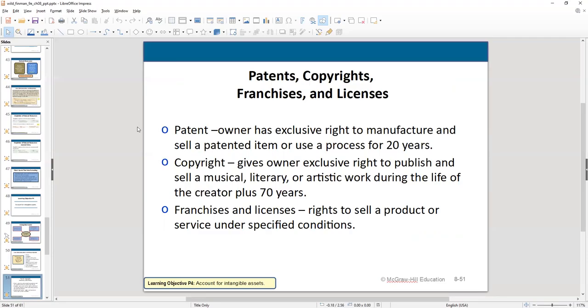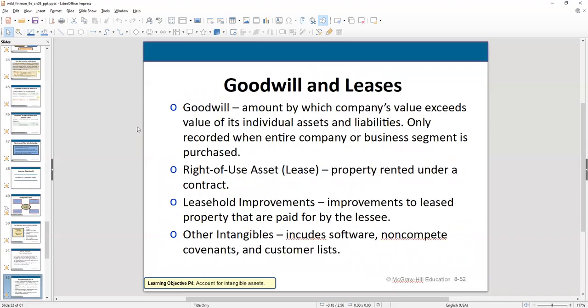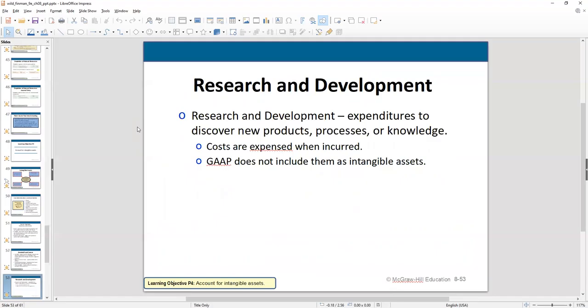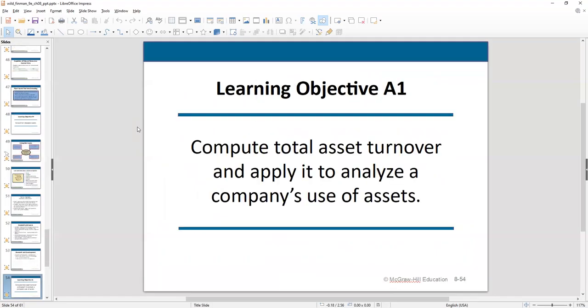And then you have franchises and licenses, which are the right to sell someone else's product. Just look at any fast food restaurant and you'll see that that's an example of a franchise. You have to pay for that and you get to amortize it over the life. And what we're talking about here is amortization. These are all in your book, so I'm just going to skip through those quickly.